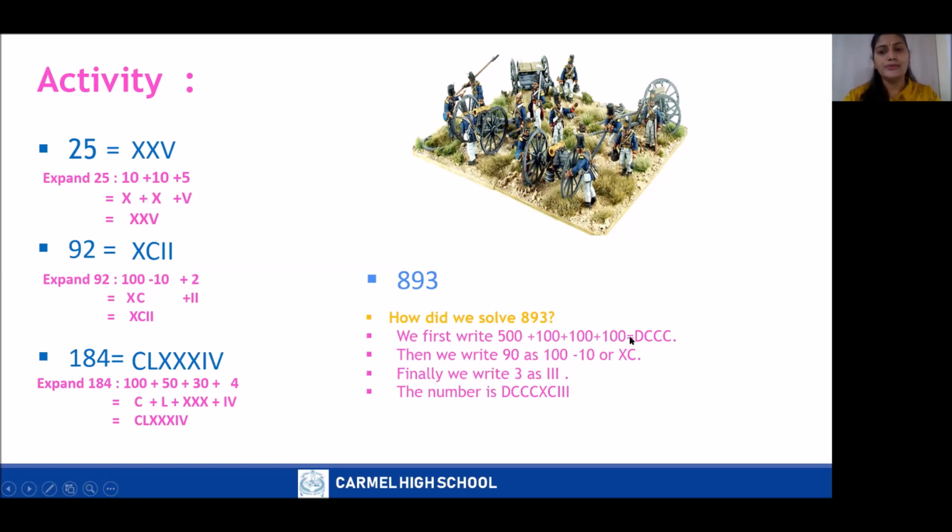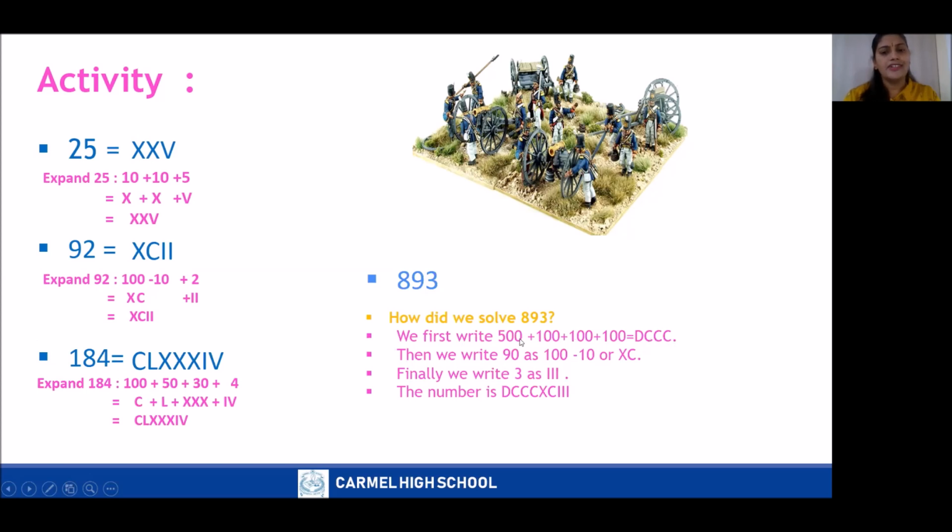My 500 is equal to D. Next 100 is C. That is D, C, C, C.